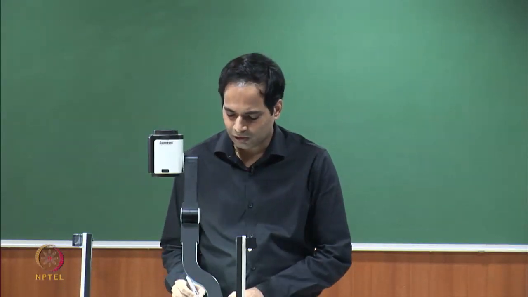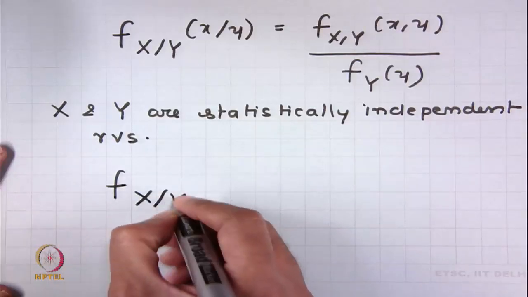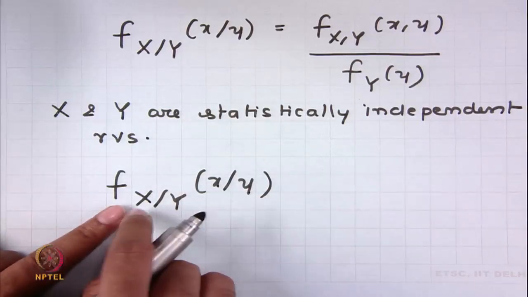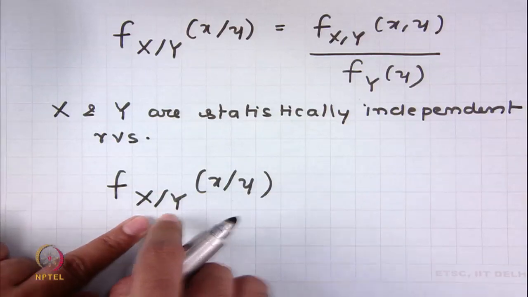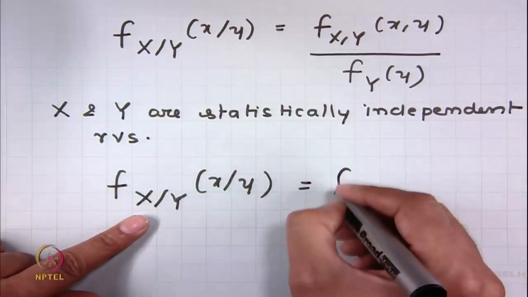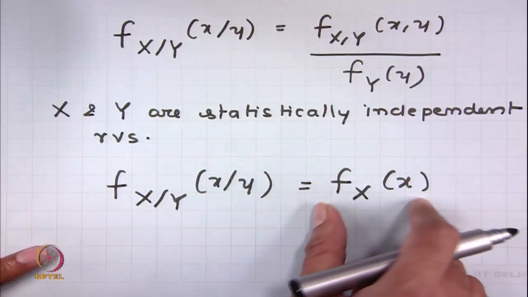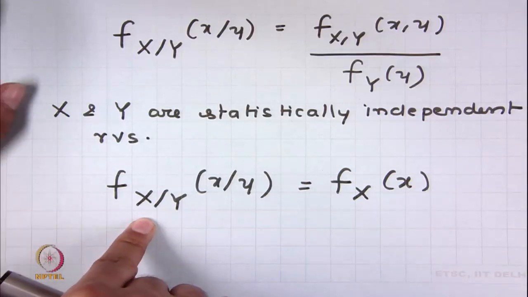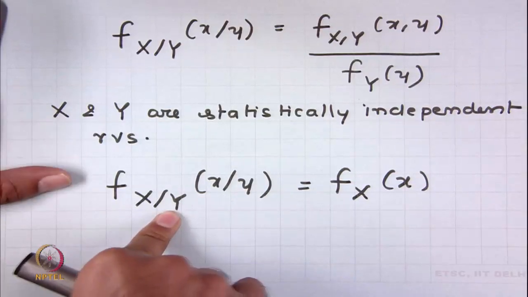So, in terms of probability density functions, what this boils down to for the conditional PDF is this: the probability density function of x, given that y has happened, is the same as the probability density function of x. That means you do not get any extra information about the PDF of x when you are given some information about y, right.